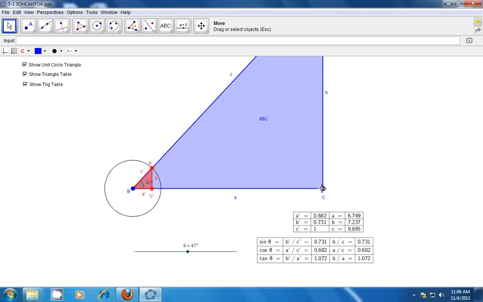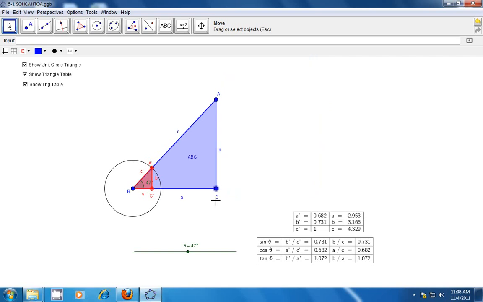But if I pull it back in, once I've determined my angle, in this case 47 degrees, cosine, the adjacent to the hypotenuse, is always going to be 0.682. It doesn't matter if it's 2.953 divided by 4.329, or if it's 0.682 divided by 1. It always is the same ratio.